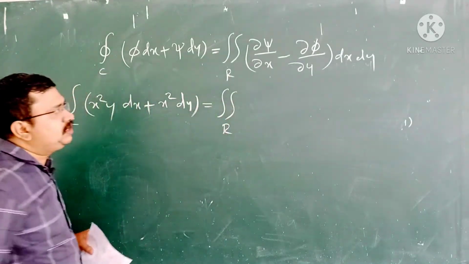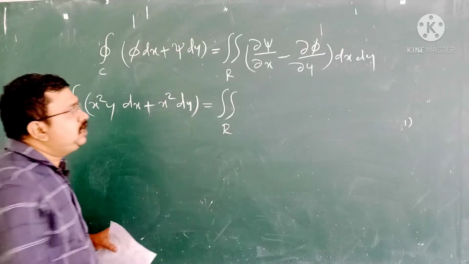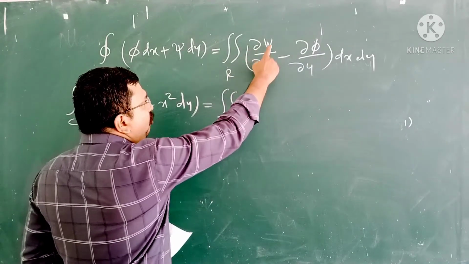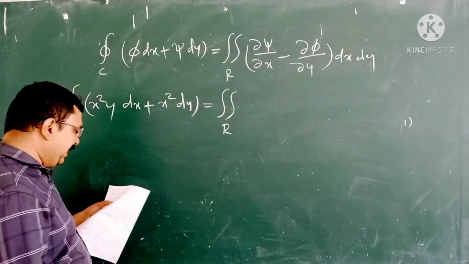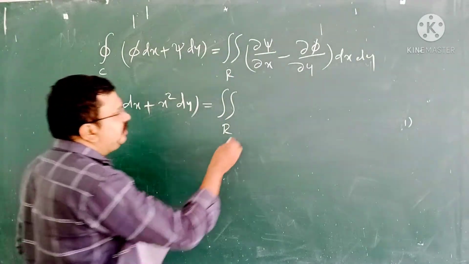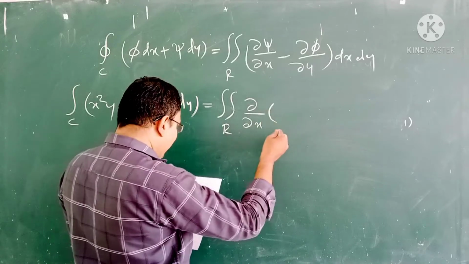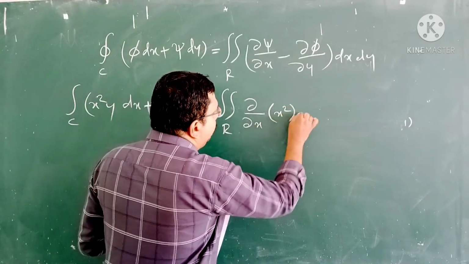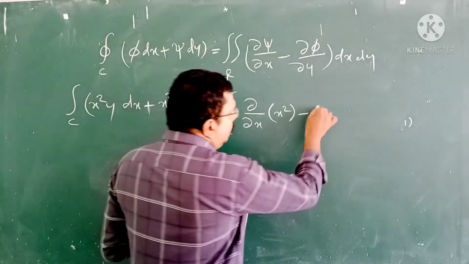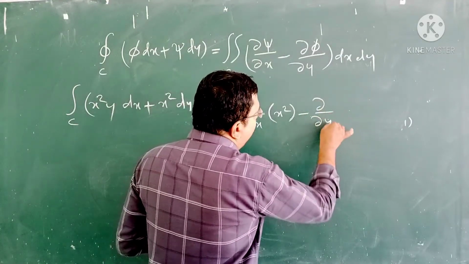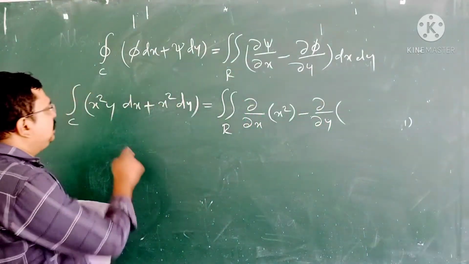double integral over the region R. First, dou by dou x of psi. What is our psi? Our psi is x square. Therefore, dou by dou x of x square minus dou by dou y of phi. What is phi?